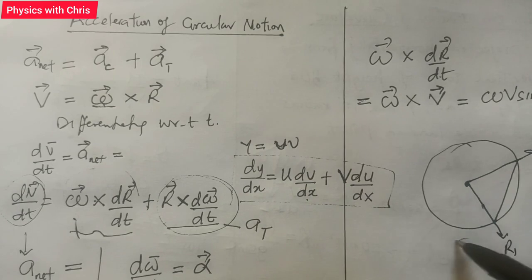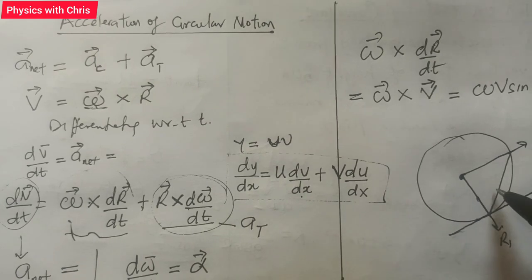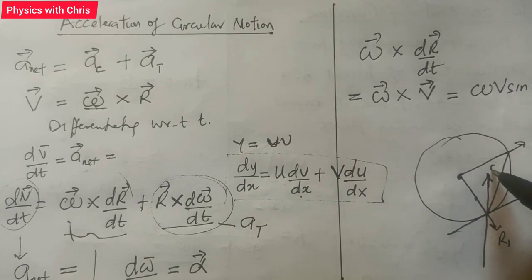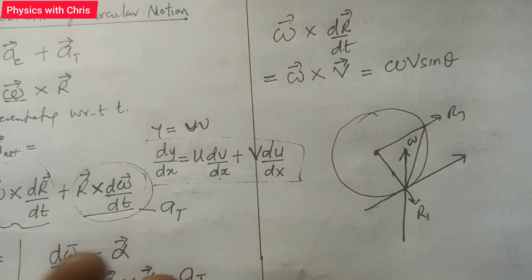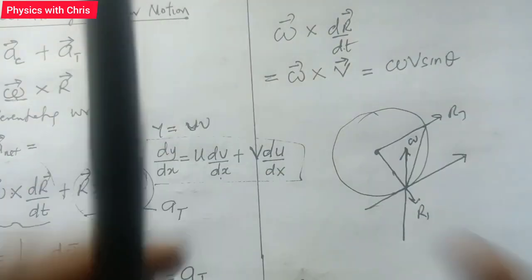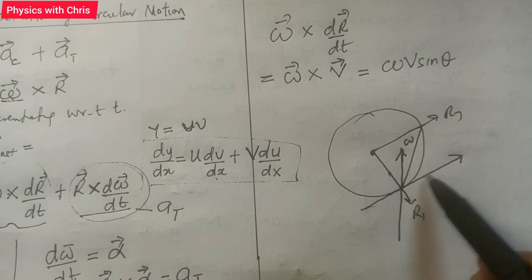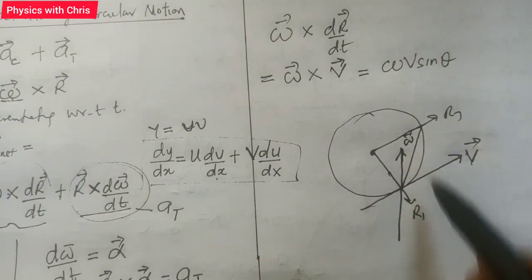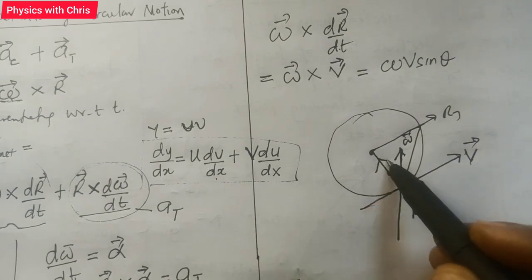If the velocity is along the tangent, and my angular velocity is perpendicular, because angular velocity always acts in a direction out of the paper, directed upward like this, then the product of these two, this is my vector v and this is my omega, will be a vector directed towards the center.